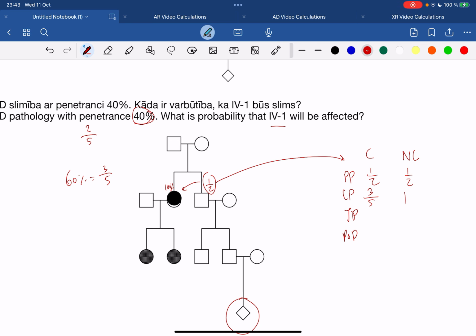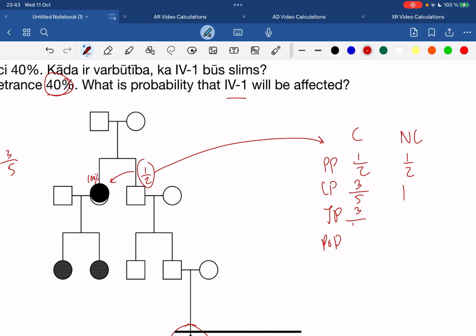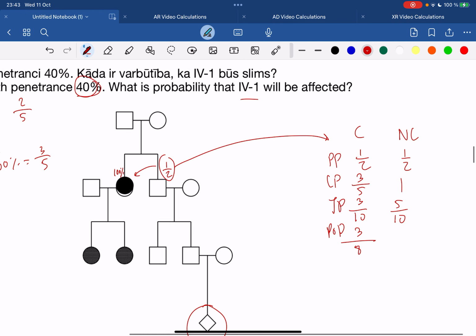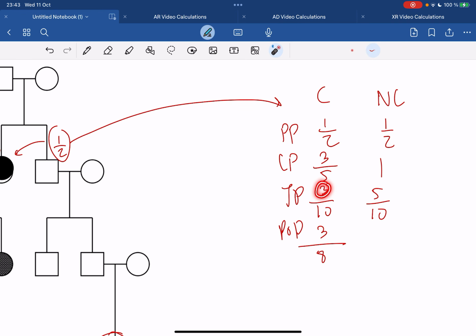And then right here, it's just 3/10, I believe. That would be 3 out of 8. Why? Because you take this, put it here, and then for the bottom, you take this plus this.